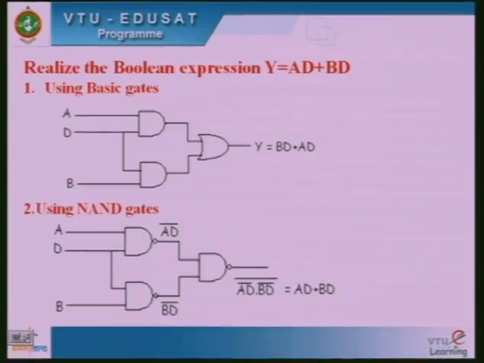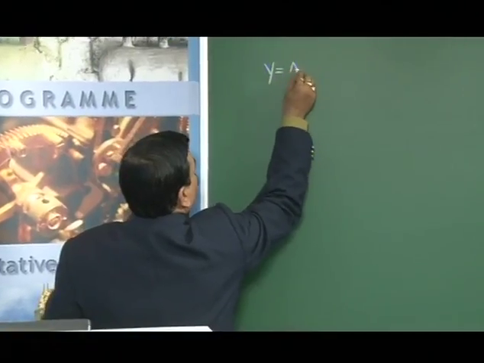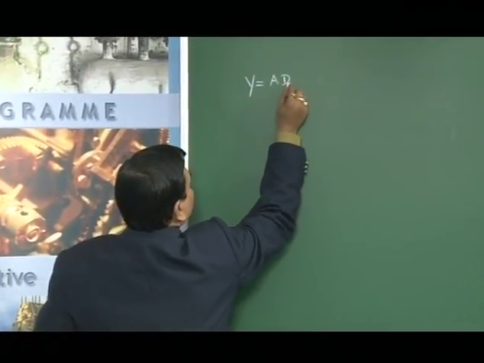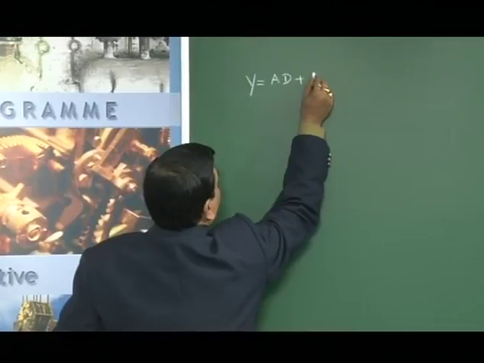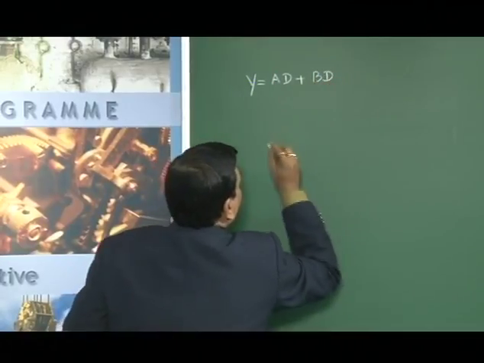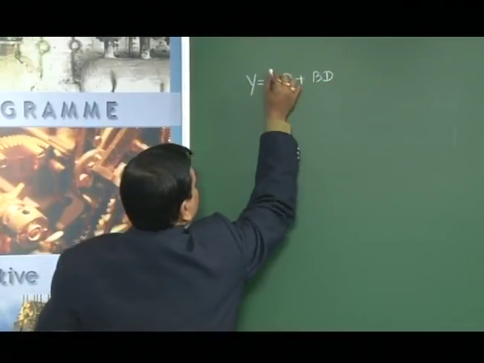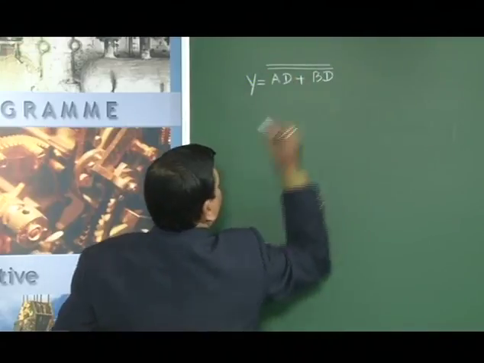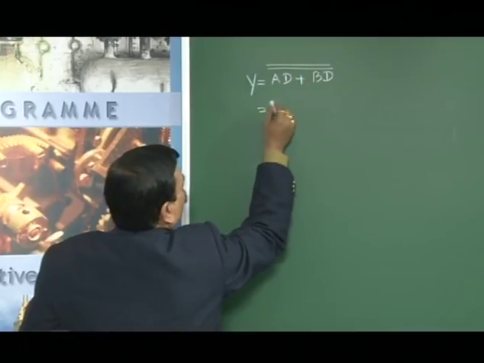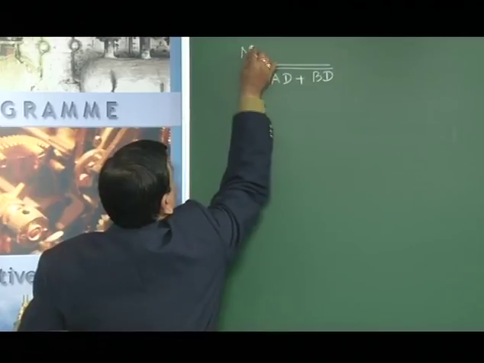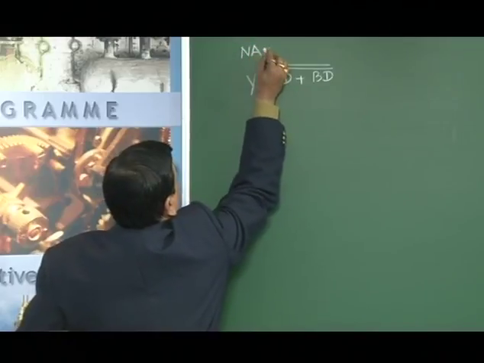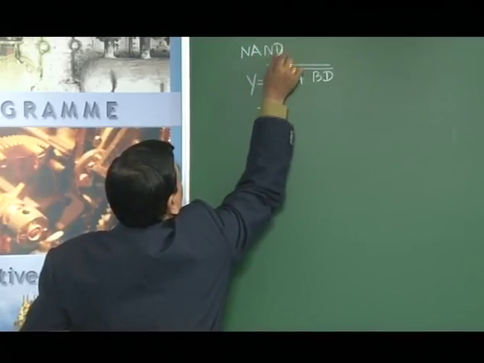So the value given is Y equal to AD plus BD. Now we have to take this and double complement it. Our intention is to create this equation using only NAND gates.